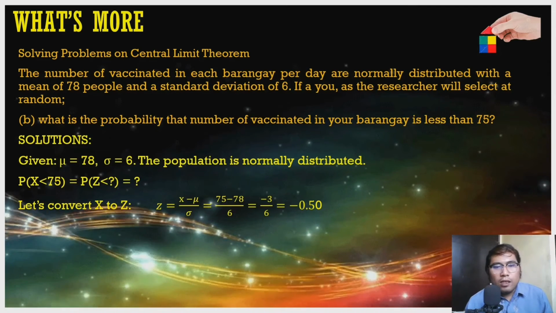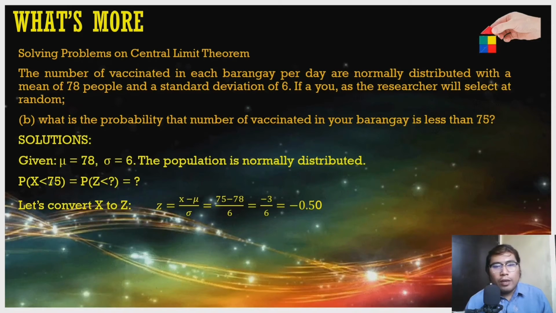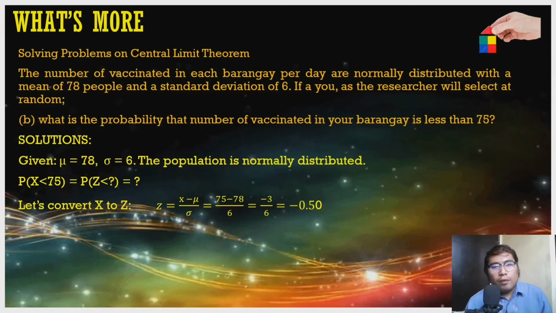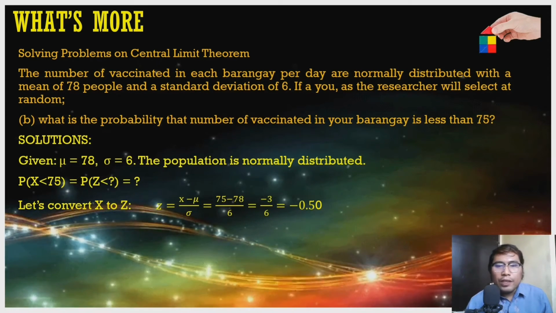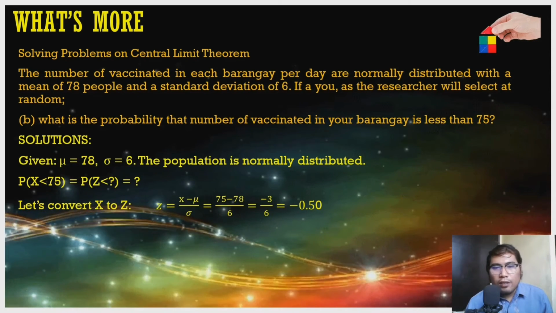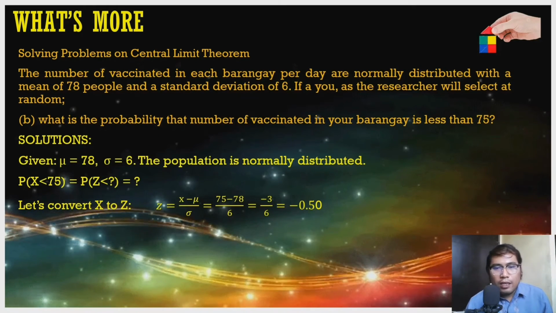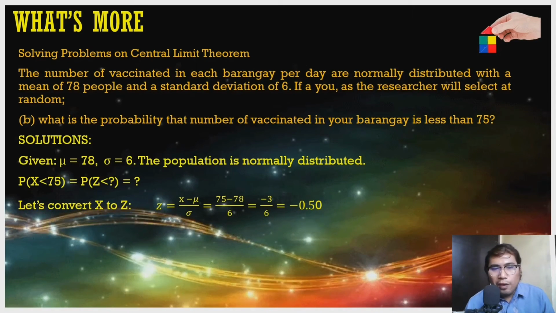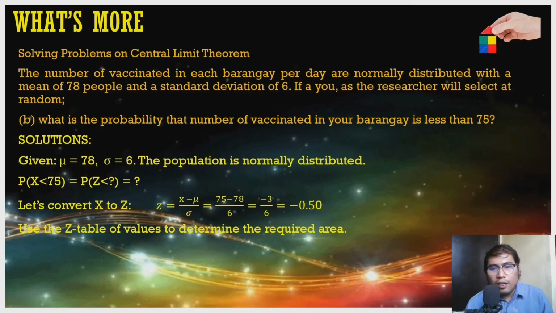We have z equal to x minus mu divided by sigma, and our x here is 75, since we are talking about less than 75, and our mu is 78, and our sigma is 6. So we have 75 minus 78 divided by 6, and you'll get -3 divided by 6, which is equivalent to -0.50. So therefore we can say that the z in here is -0.50.